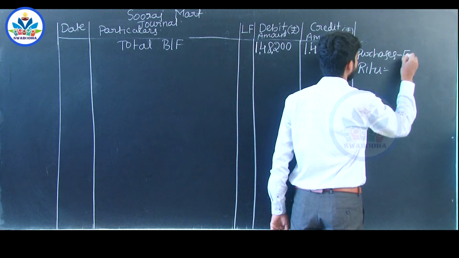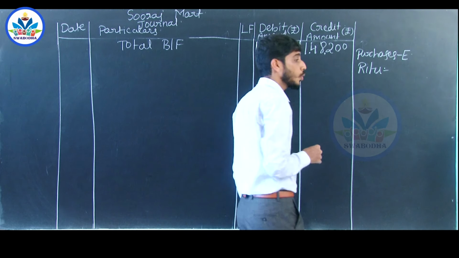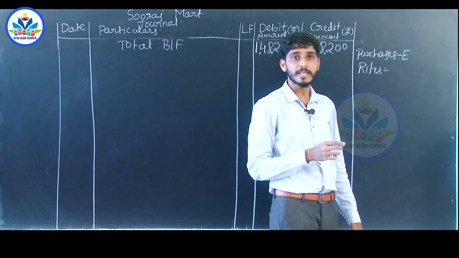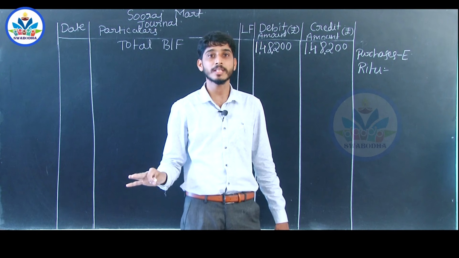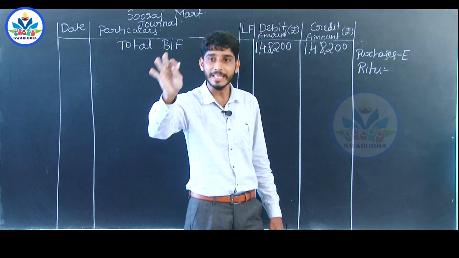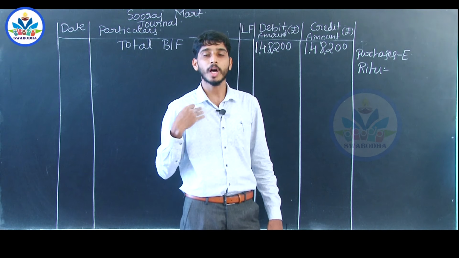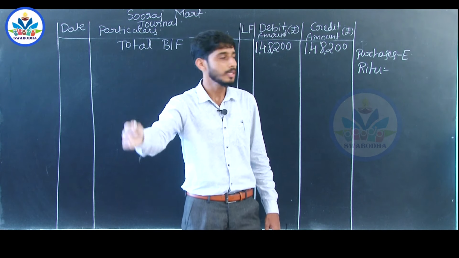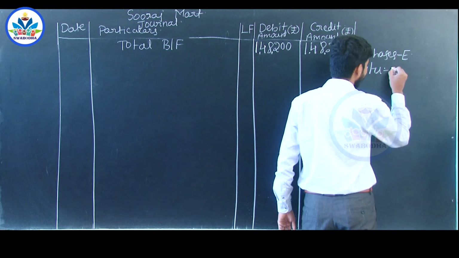Purchase is an expense. We have purchased goods from Ritu on credit basis, clearly they have mentioned in the transaction. Credit means we have the responsibility to make payment in the near future. We have the obligation to make payment. Therefore, Ritu becomes a creditor.